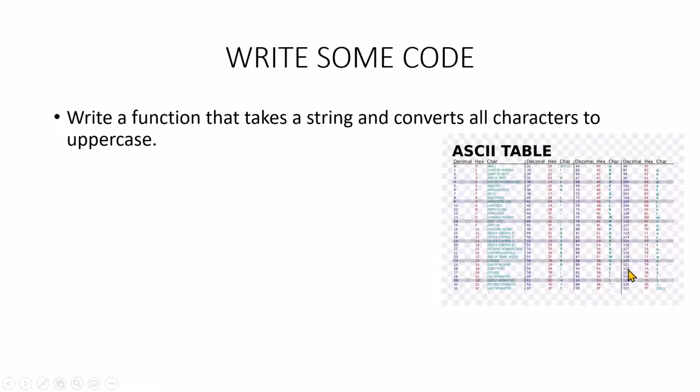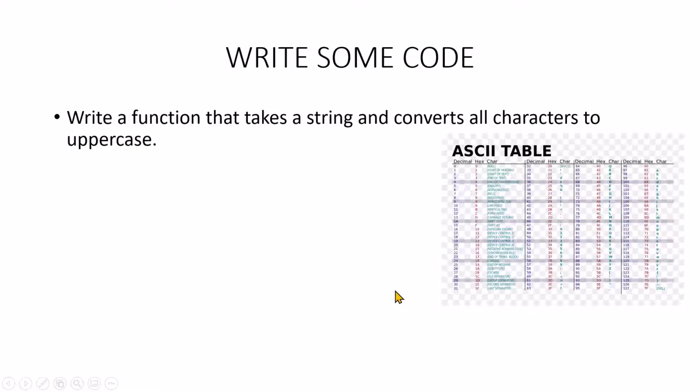You can see Z is 122. And if we've got to convert them to uppercase, from 97, for example, if we subtract 32, we will get 65, and you can see 65 is uppercase A. Right? So 32 subtracted from any lowercase letter or character, alphabetic that is, will give us the uppercase equivalent.